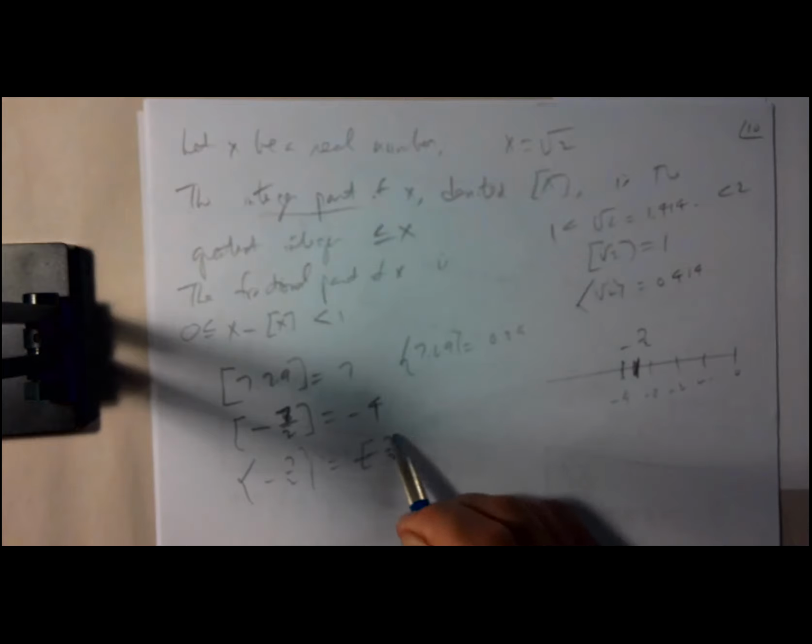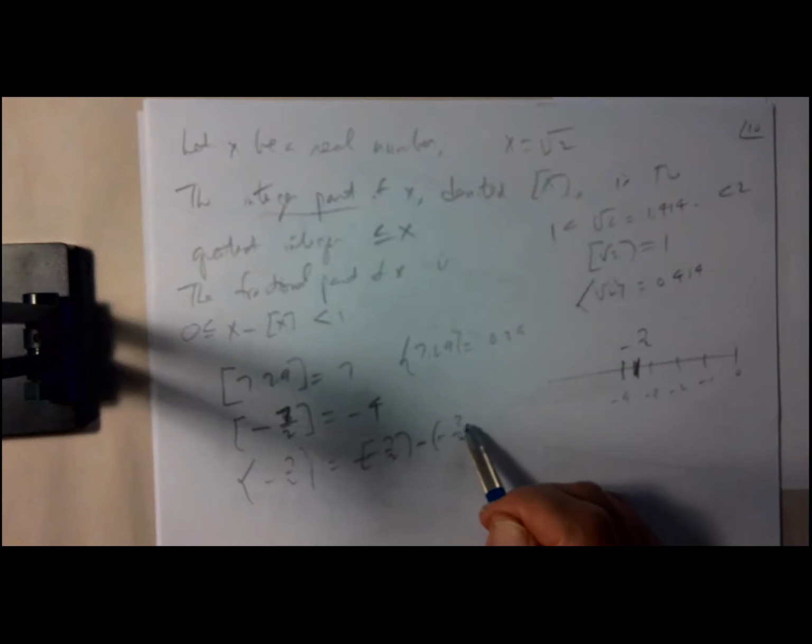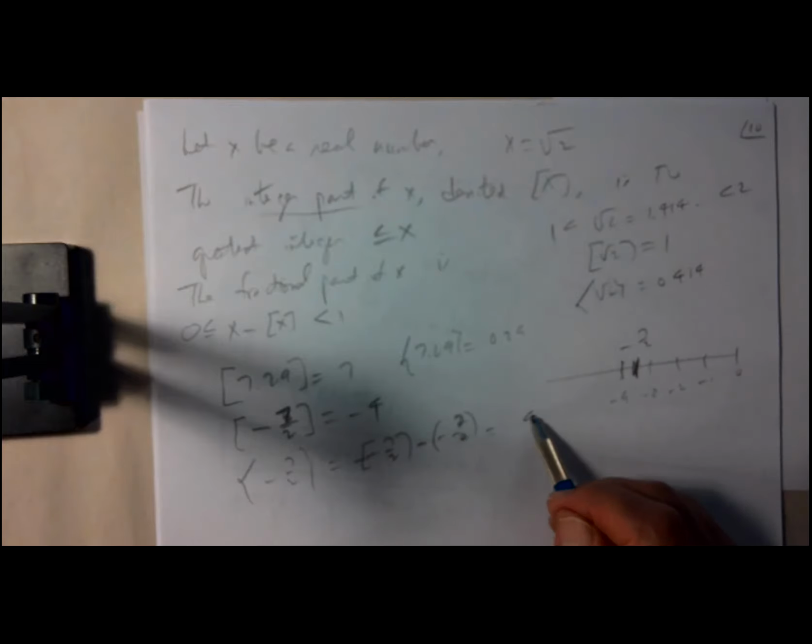It's -4. And what's the fractional part of -7/2? It's the integer part minus the number. So that's -4.